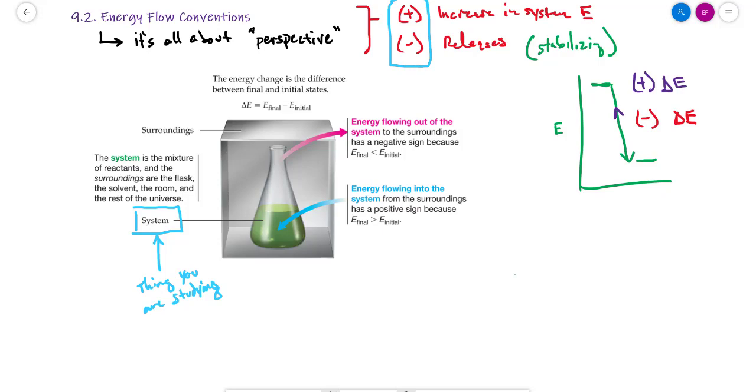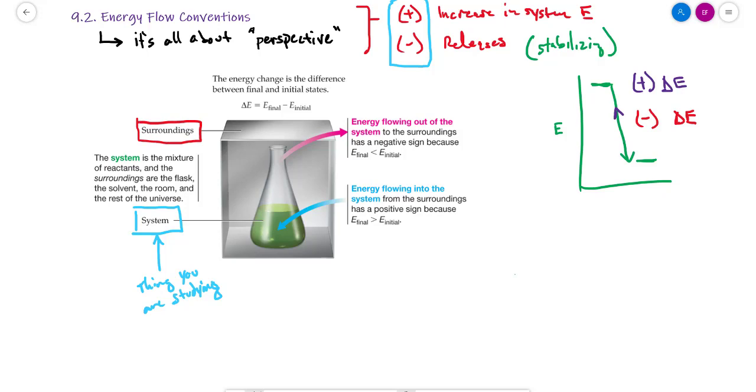That system could be an Erlenmeyer flask full of chemicals. It could be the coffee in your coffee mug that you're drinking. It could be anything that you are defining as the system. And then everything else that is not that thing that you are evaluating is the surroundings. That could be the coffee mug itself. It could be the entire universe.